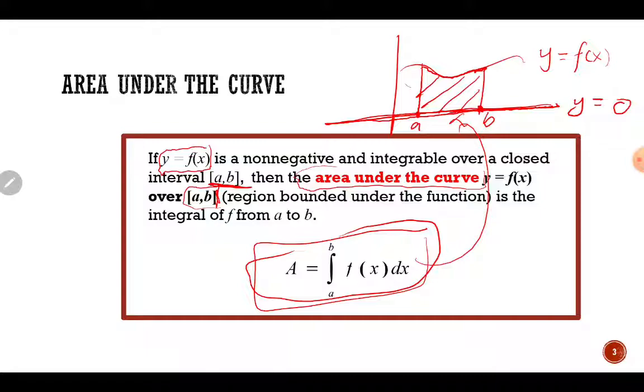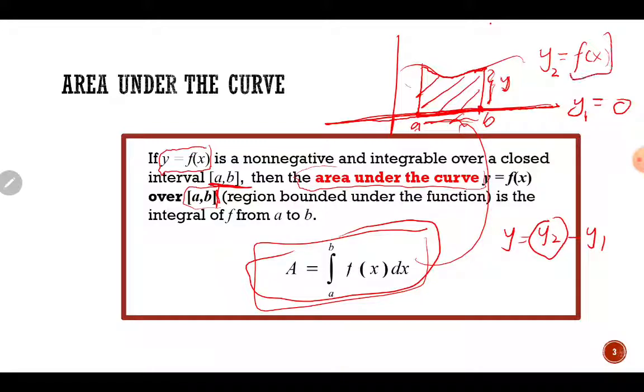So katakanlah you kata ni adalah dia punya lebar. Ni lebar dia, so lebar dia adalah from a to b, and this is dia punya panjang. Panjang dia ni maknanya y ni. So katakanlah this is y2, this is y1. So dia punya panjang ni adalah y2 minus y1. What is your y2?